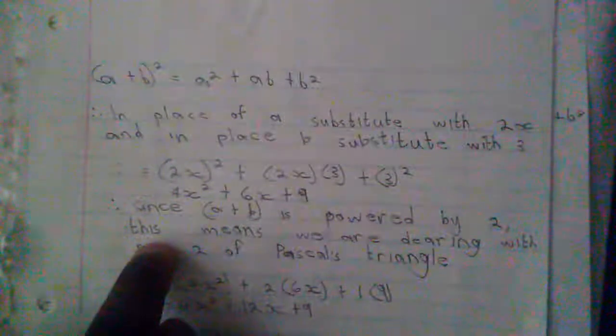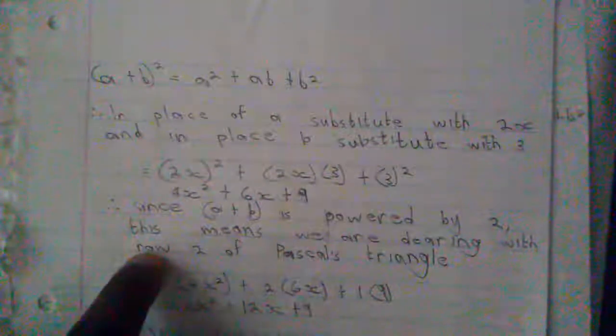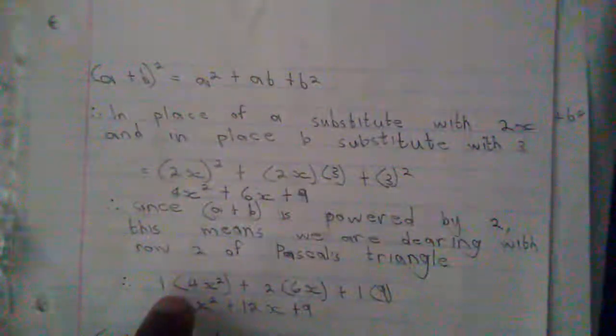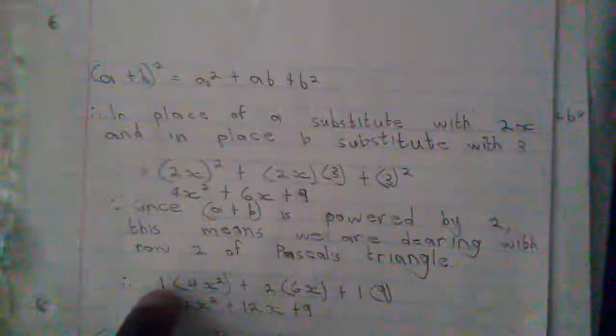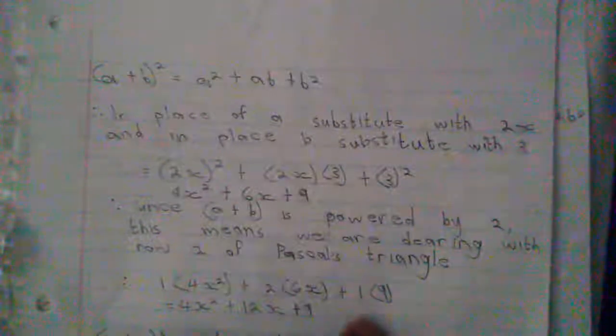Since a plus b is powered by 2, this means that we are dealing with row 2 of Pascal's triangle. The coefficients in the second row of Pascal's triangle are 1, 2, 1.